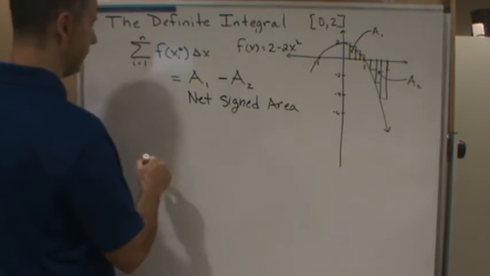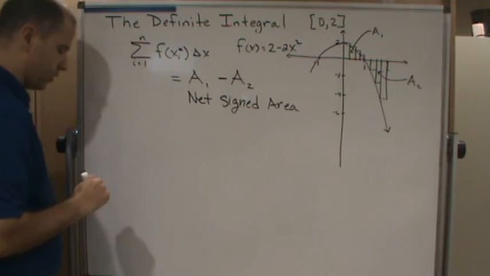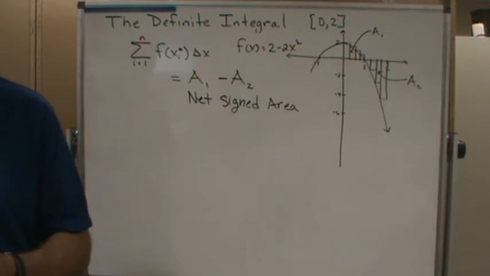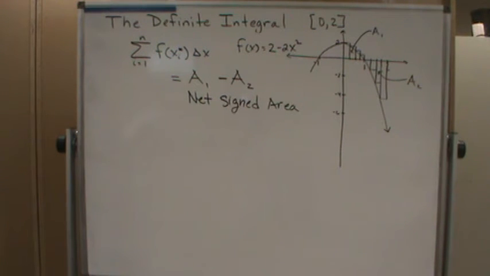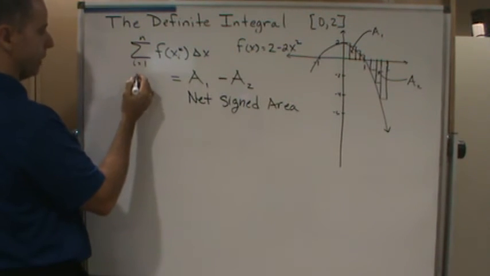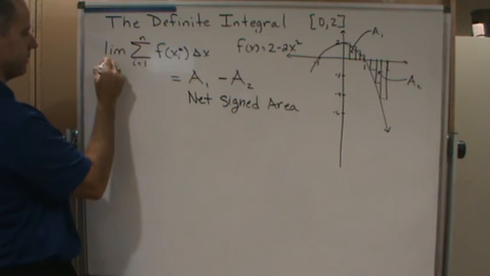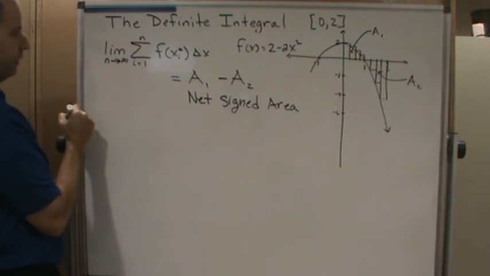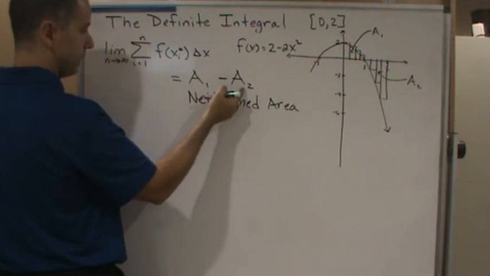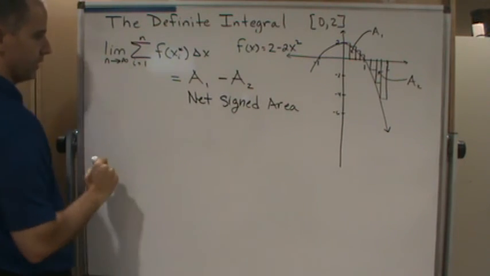So what we have to do, when we're talking about finding the integral, is use the Riemann sum, so when we take the limit as n approaches infinity to find the integral, it's going to be area 1 minus area 2, the area above the graph minus the area below the graph, which is going to give us the net signed area.